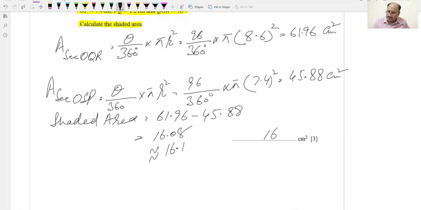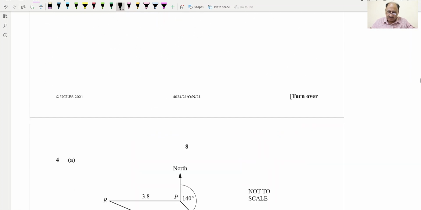So this will be 16.1 centimeters squared, and this is a 3 marks question.